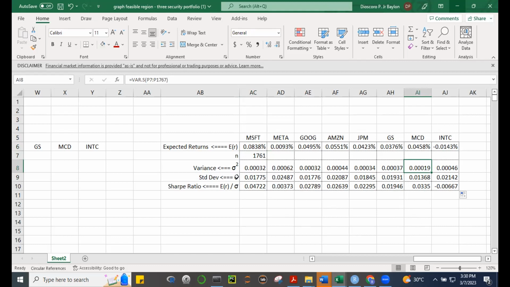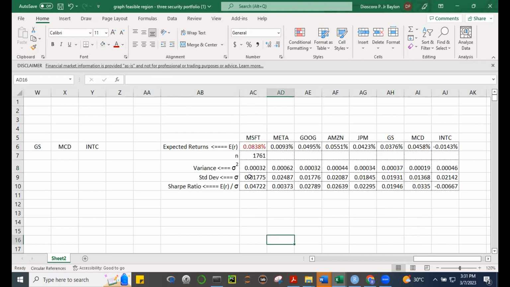Either looking at it from the variance or standard deviation perspective, McDonald's was the least volatile, least quote unquote risky, because it has the lowest standard deviation. 1.3% lang, no? 1.3%. So, based on returns, it was Microsoft that was the highest performer.